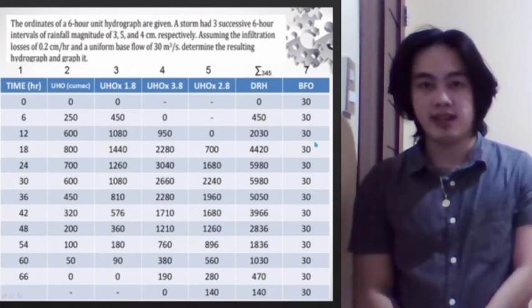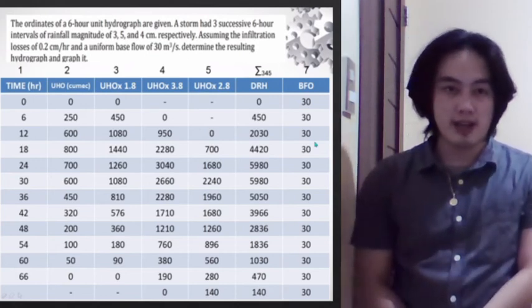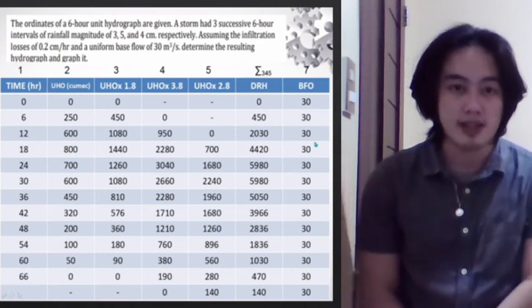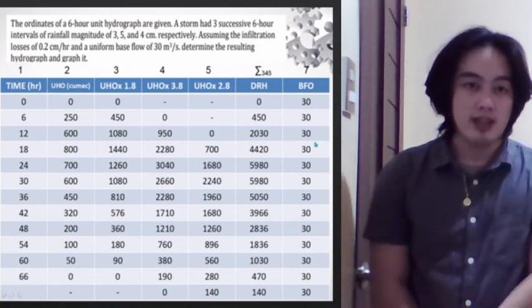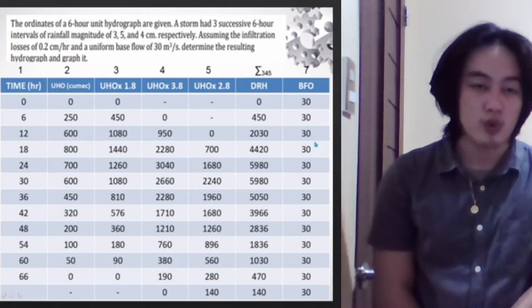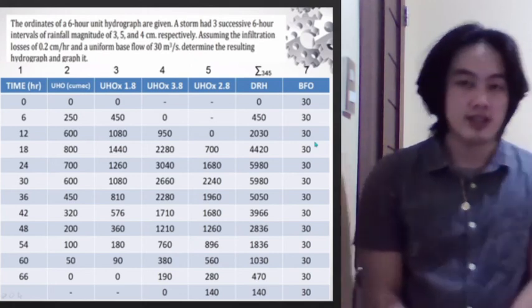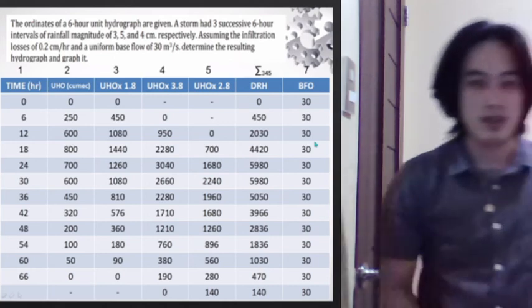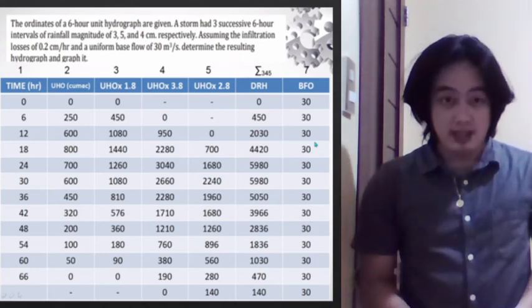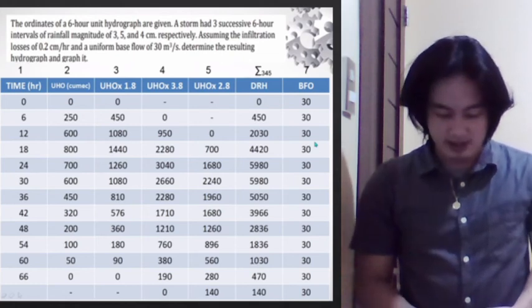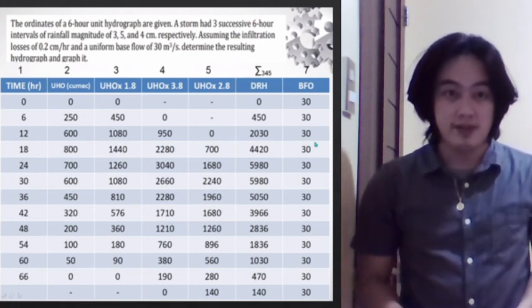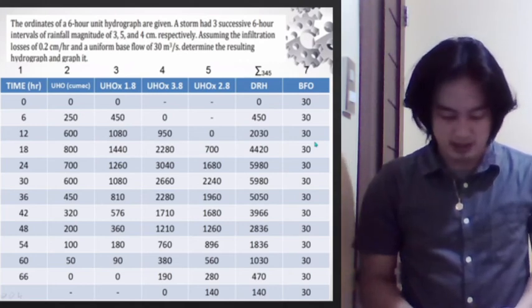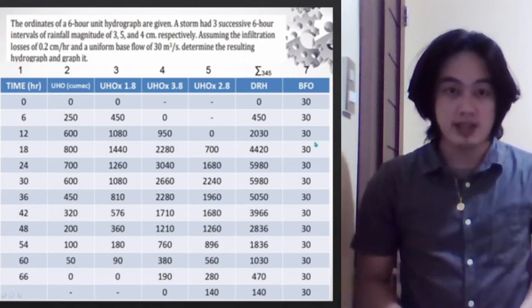So that is the second interval. In getting the third interval, 250 times 1.8 is 450, and the second is 600 times 1.8, so 1,800.